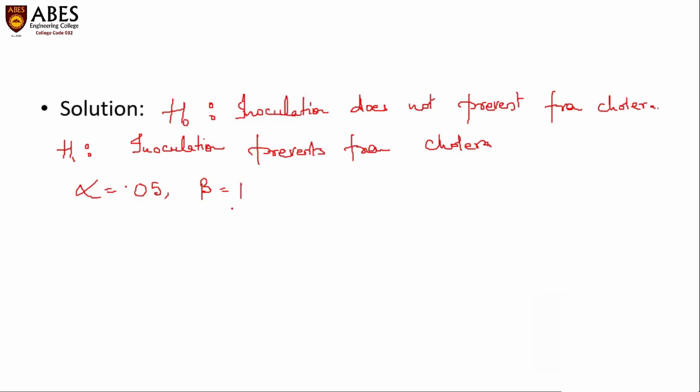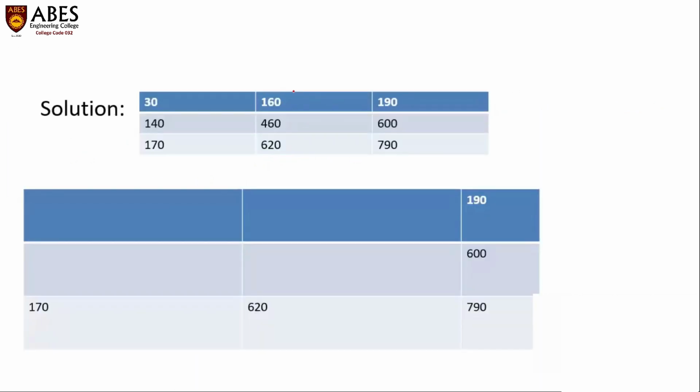Now we have to find values of EI where values of OI along with totals are given to us. Using this data, we are going to find values of EI with the help of a contingency table. So how are we going to find the values in the empty cells? Using the same method, that is corresponding row sum into corresponding column sum divided by grand total. The values of total were already given in the problem.